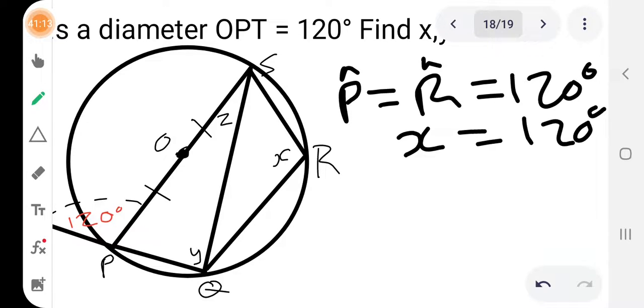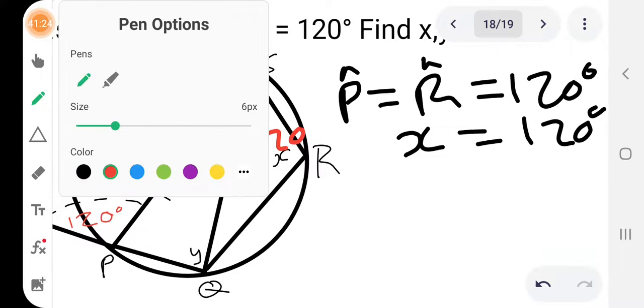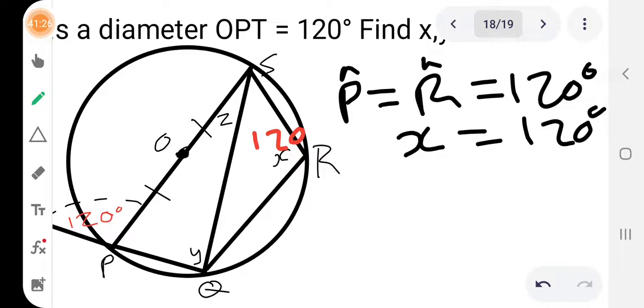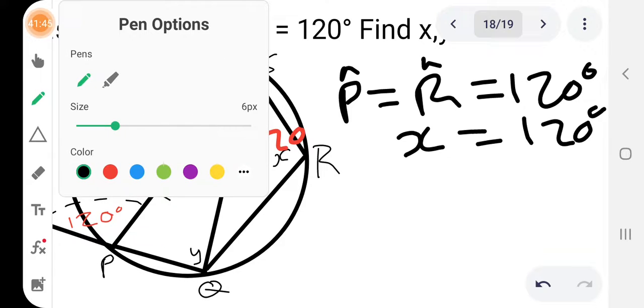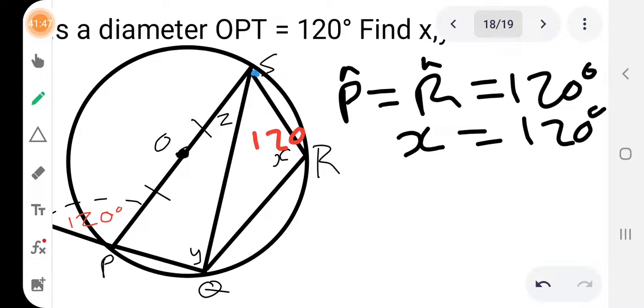We also need to find y. We have this angle as 120. Let me use a different color. Since we have 120 there, we need to find angle y. First we check: we are given a diameter. So if we have a diameter, we have this triangle here, which I'm highlighting.